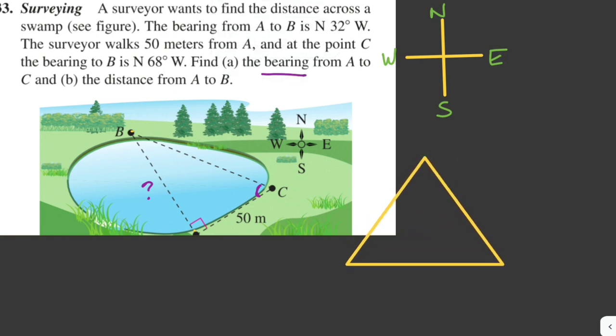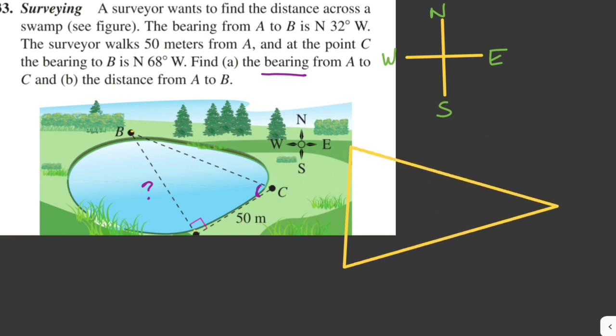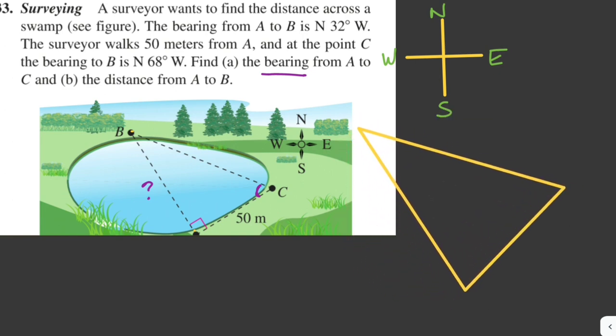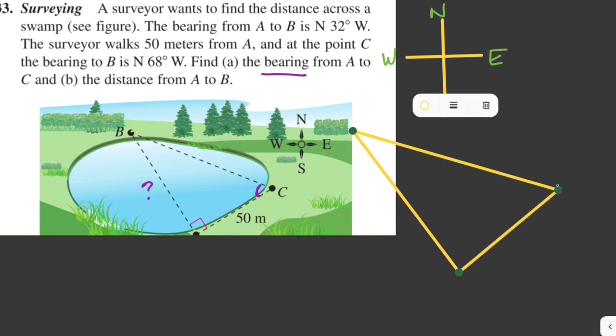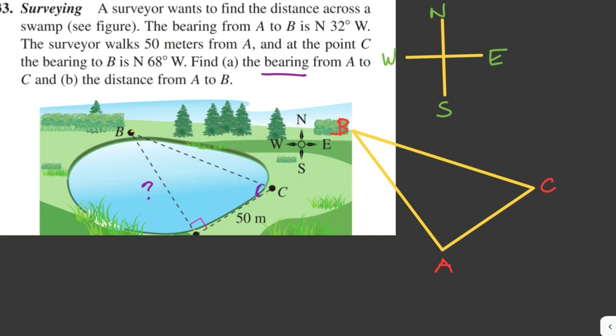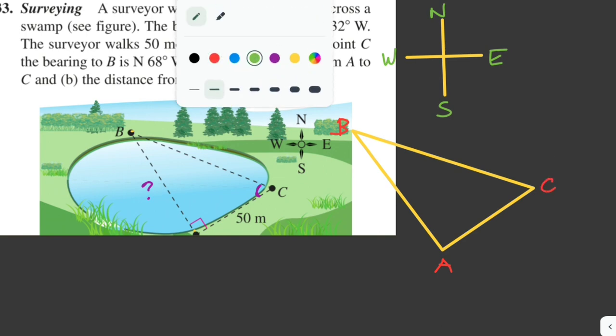So let's say this is our triangle. This is point A, this is point B, and then this is point C.